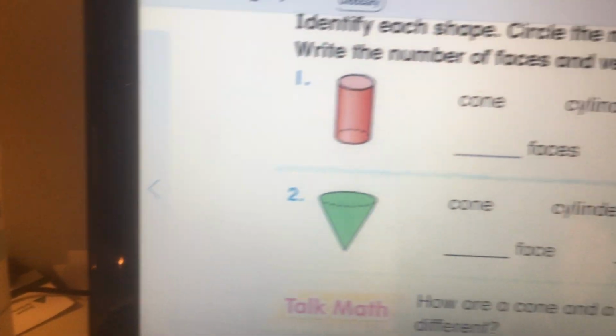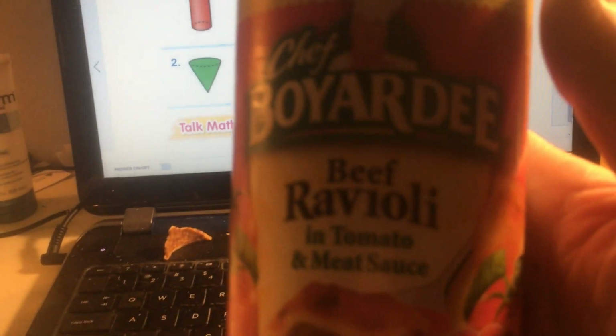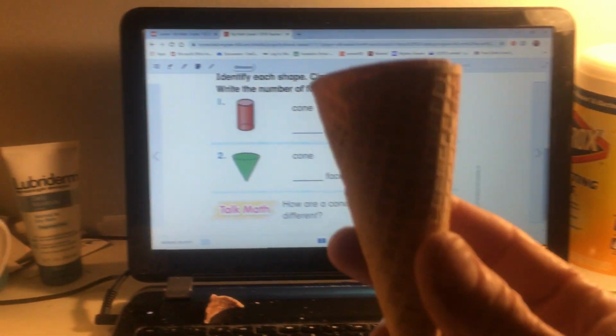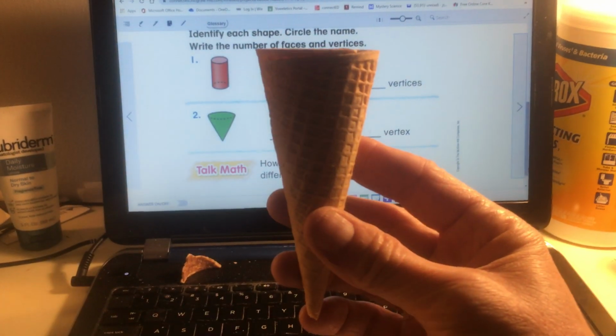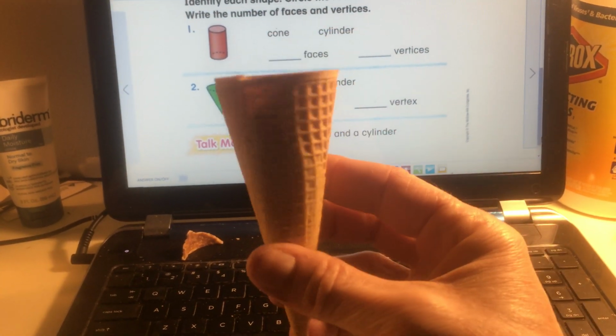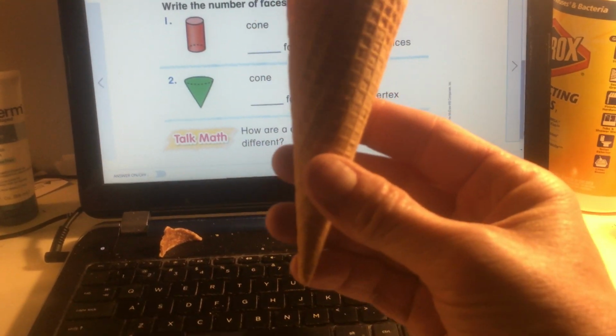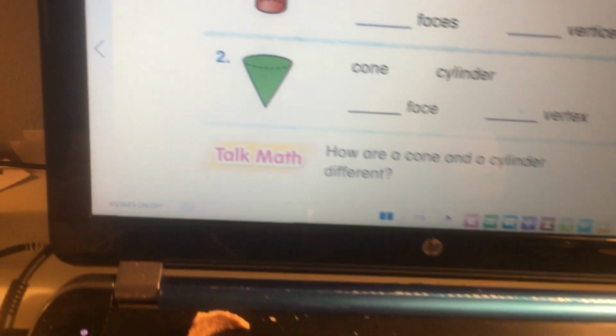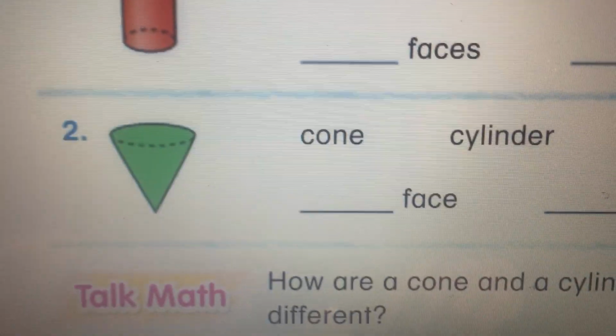Well, this green shape has got a vertex at the bottom. Does this can of beef ravioli and tomato and meat sauce have a vertex? No, it's got two flat sides. Does this ice cream cone, delicious sugar cone, have a vertex? It does. All right, so it must be a cone. So please circle cone.